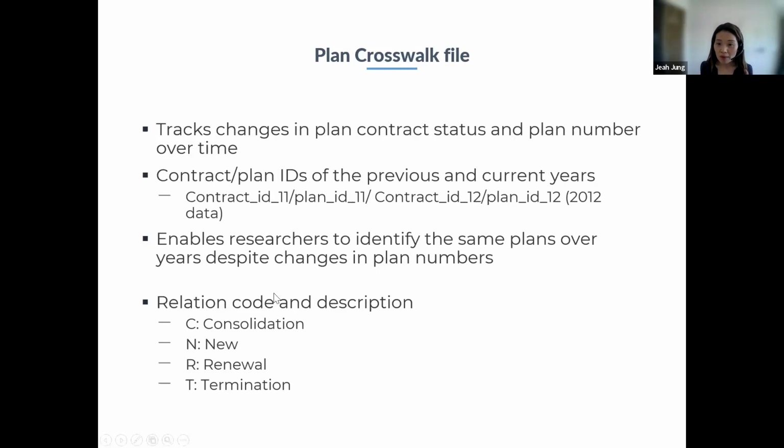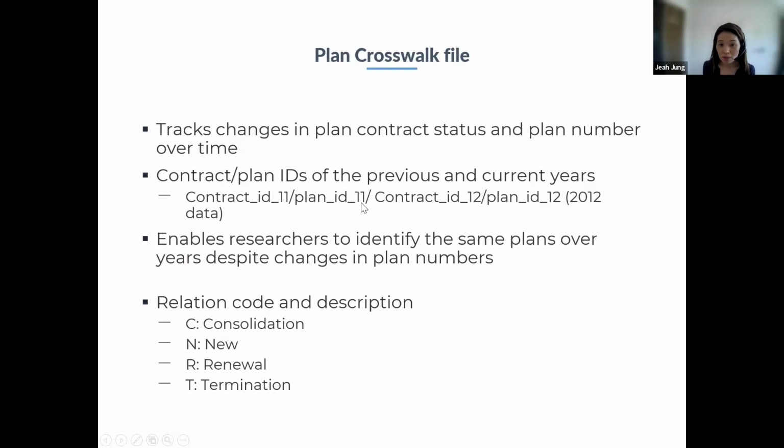However, some contract or plans, they are exactly the same plan and same contract, but they change in numbers. So this file allows you to identify whether these two contracts and plans between 2011 contract ID and plan ID, 2012 contract and plan ID, whether they are the same plan or not.